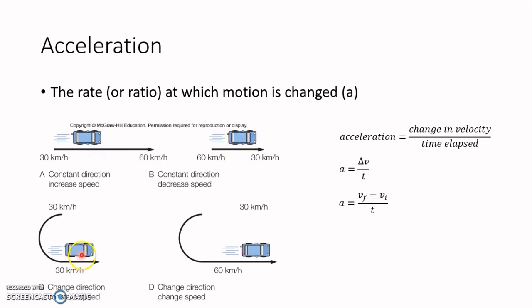But in this case down here at the bottom, we have a car that is traveling 30 kilometers an hour and maintains that same speed, but reverses direction. In this case, there's no change in speed, but there is still an acceleration because the direction has changed. Now in this final figure down here, we have both a change in speed and a change in direction.